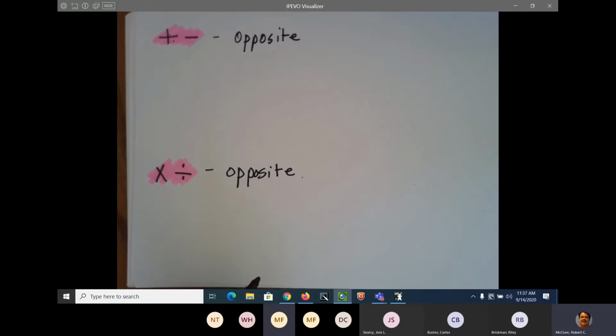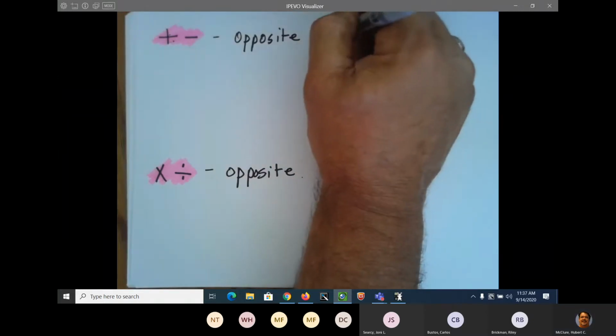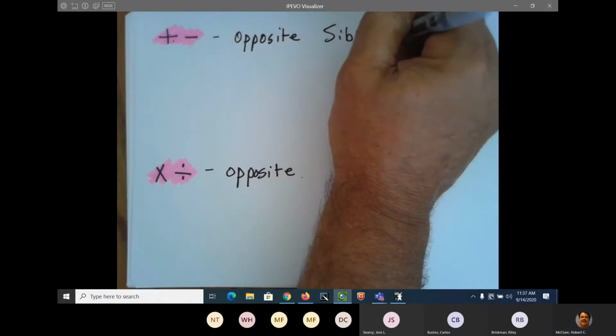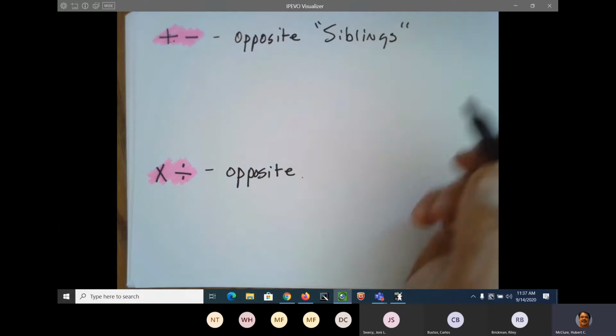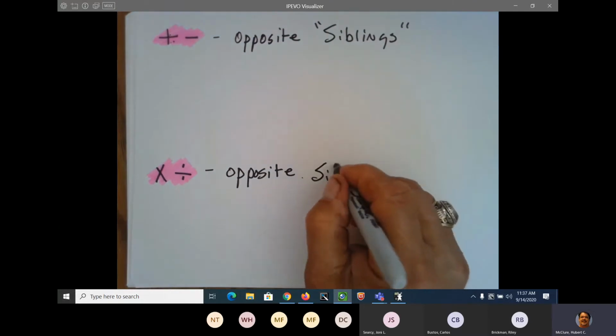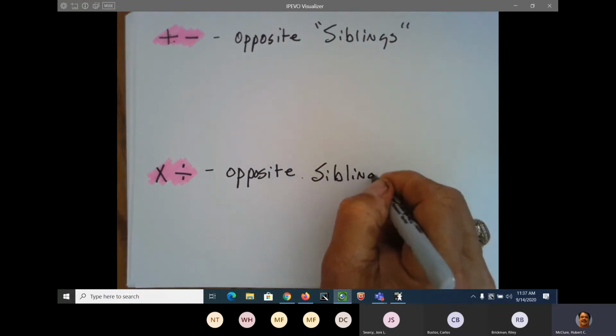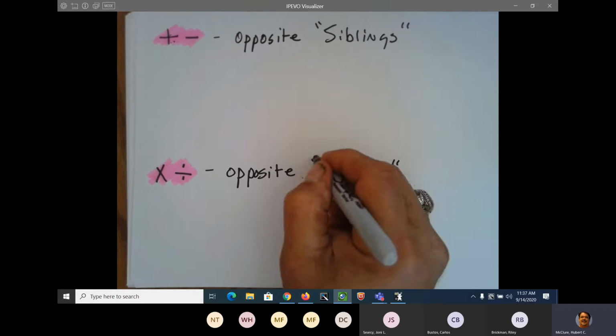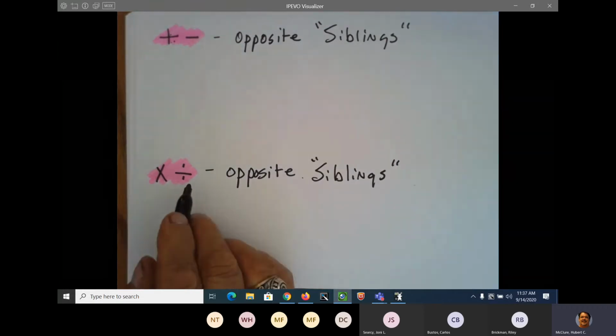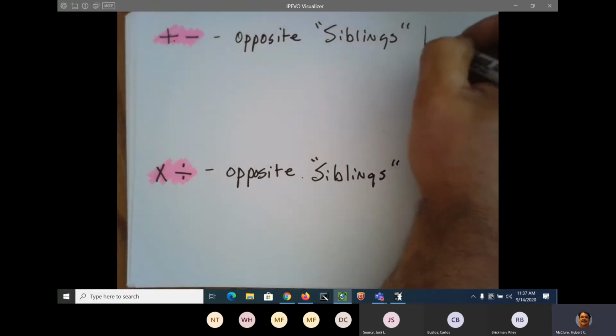Me and my brother are opposite. Okay. Brother and sister are siblings. If you got siblings, meaning that you fuss and fight all the time, or you're opposite each other, you go left to right.